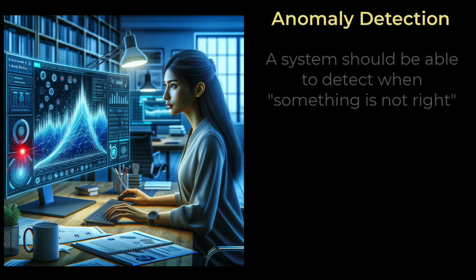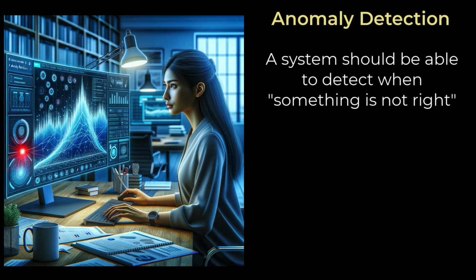At its core, a system should be capable of detecting when something's not right, such as when there's a salient anomaly in the system or its environment, the purpose of anomaly detection. This could be a sign of an attack or a fault. Timely detection is critical because you cannot respond to what you don't know about.